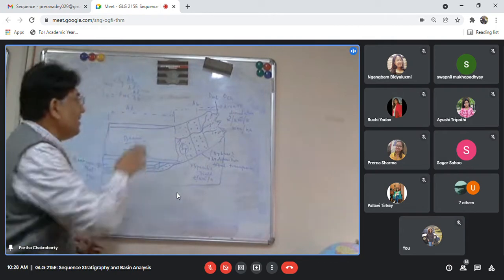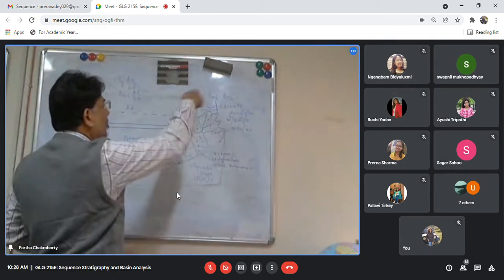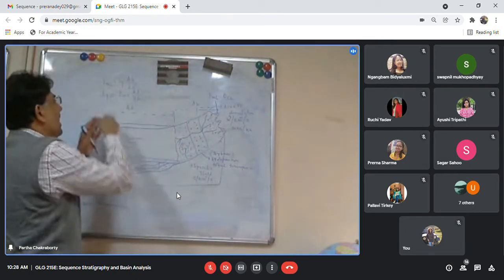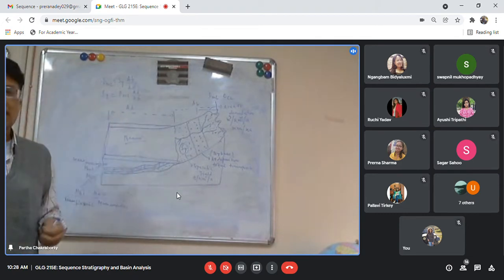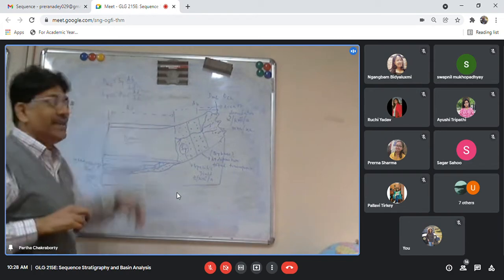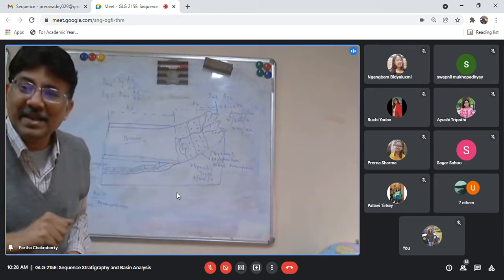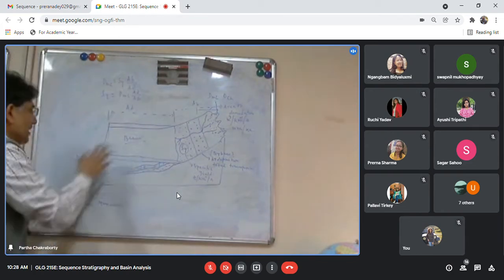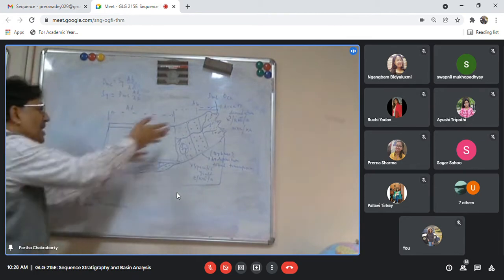This area we call AB, and the basin which is receiving the sediment, you call AD. Now in the AD, what are you getting? You are basically getting the mechanical sediment to be deposited and the chemical sediment.